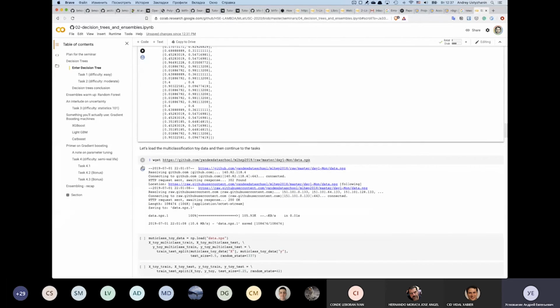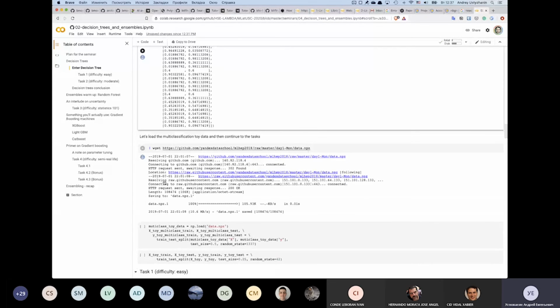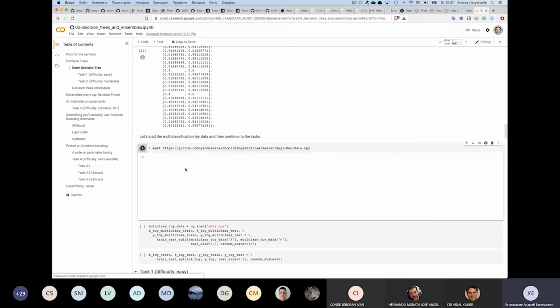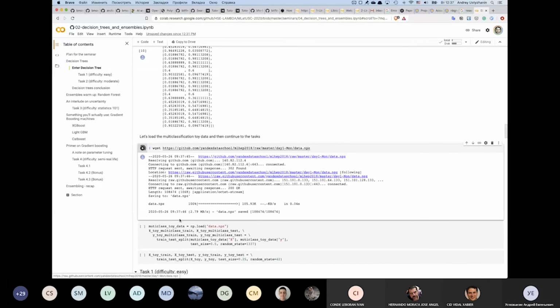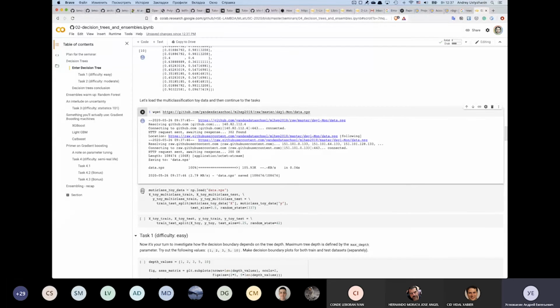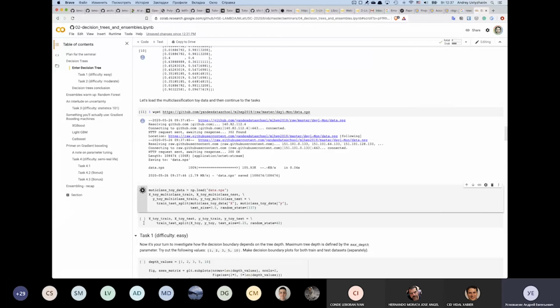So let's take a look at a more complicated example of multi-classification data. So we load this data into the notebook, and then we split the sample into equal size pieces, and then we train the model.